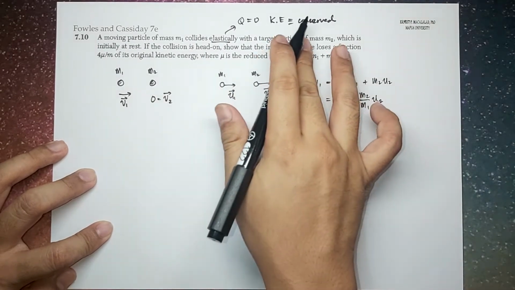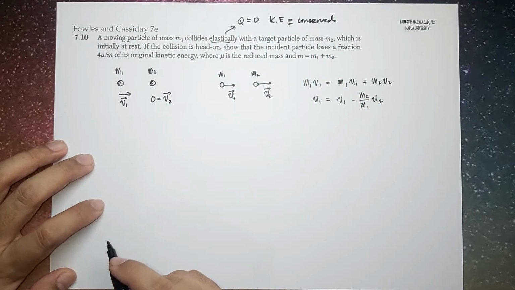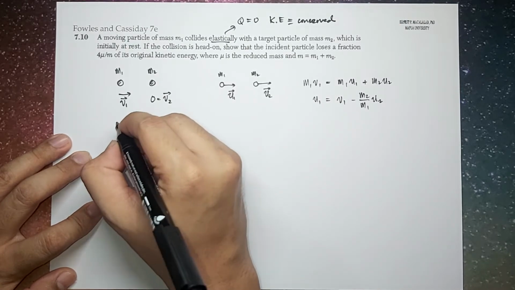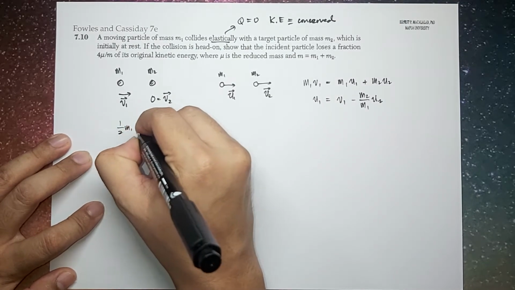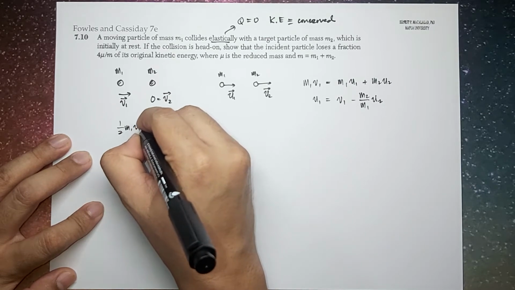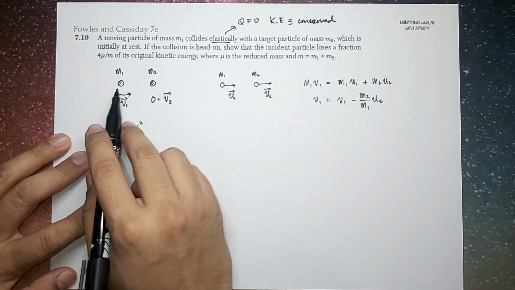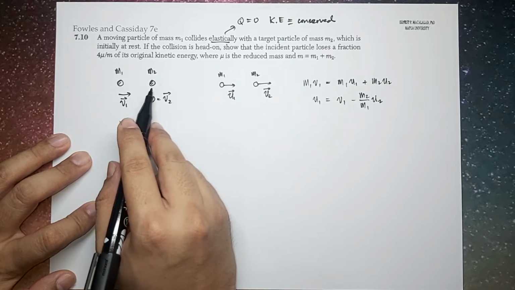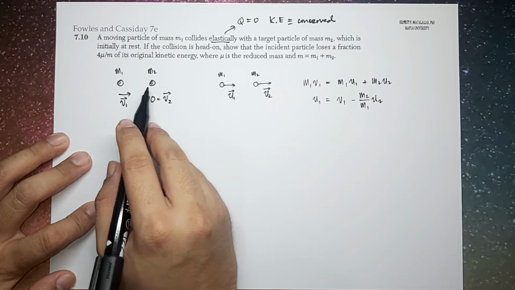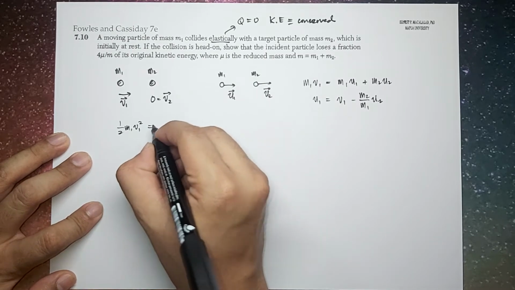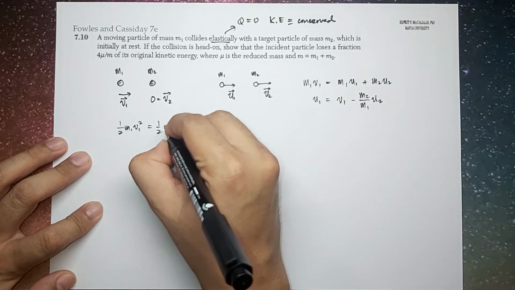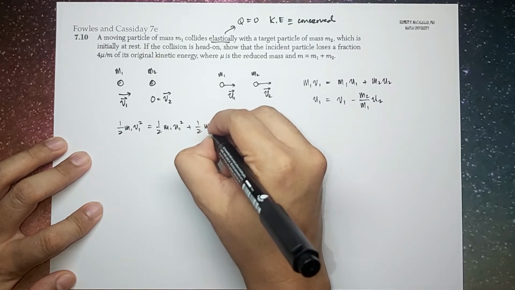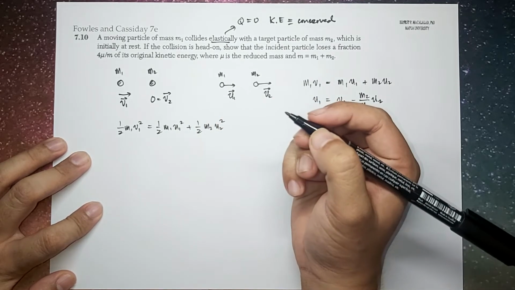Okay, so following that conservation of kinetic energy, we now have kinetic energy before collision as 1/2 m1 v1 squared. Remember that the first particle is the only one that has kinetic energy because the second particle is at rest before collision. And this is equal to 1/2 m1 u1 squared plus 1/2 m2 u2 squared.